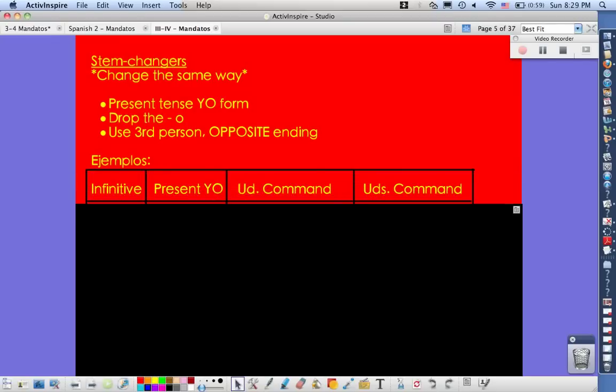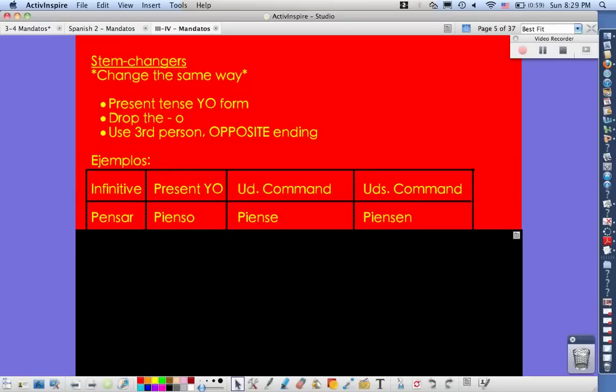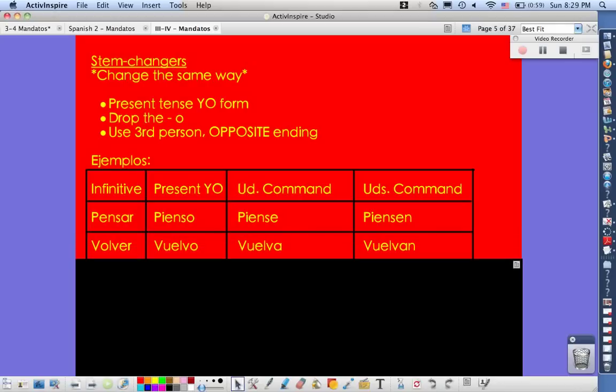With the stem changers, you take a look, for example, at the infinitive pensar, an E to IE stem changer. The yo form changes to pienso. To make it an usted command, opposite ending, piense, or piensen for ustedes. Volver is an O to UE stem changer, changing to vuelvo, drop the O, add your opposite ending, vuelva, vuelvan.